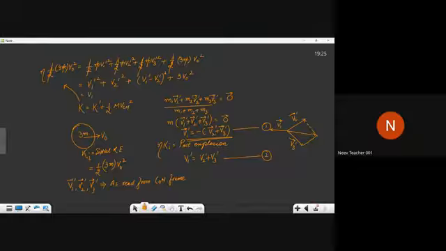How shall we go about it? Find V1 prime, I write V2 prime square. Then I write V1 prime square minus 2 V1 prime V2 prime, plus V2 prime square, and plus 3 V0 square. So far, so good.